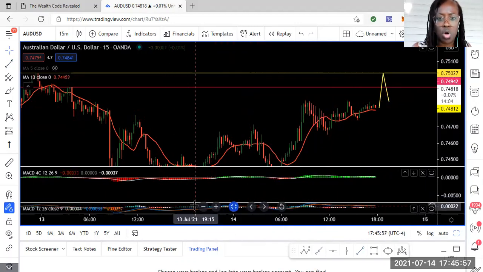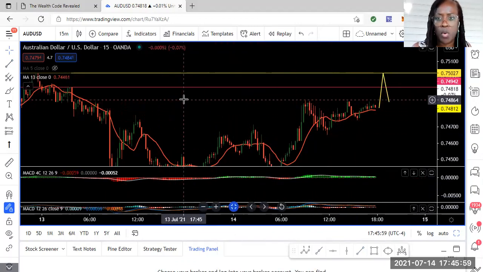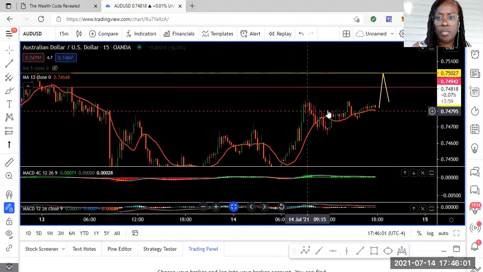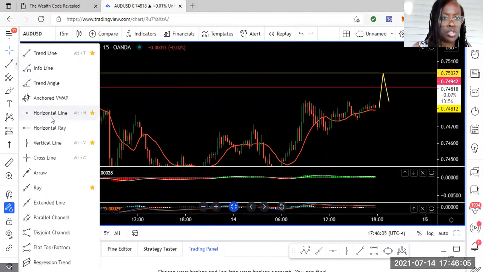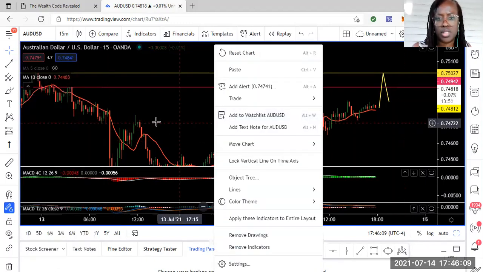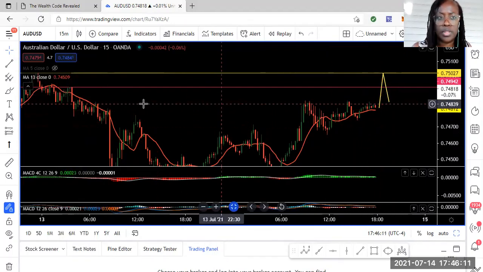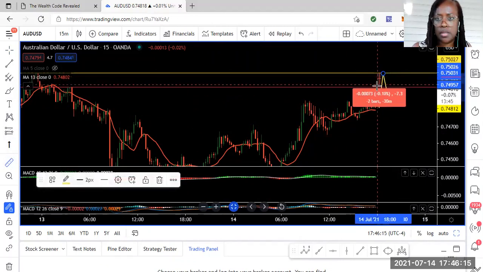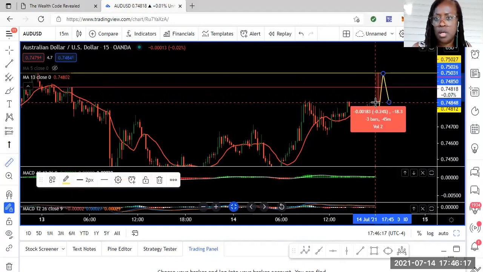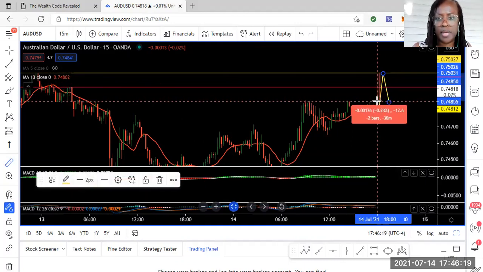And I'm sure that you all can determine why I selected that area, because this is the next area of structure and support, right? Well, you all see it. So let's see how many pips the potential is. If I went down here, we took a look at about 18 pips, right?